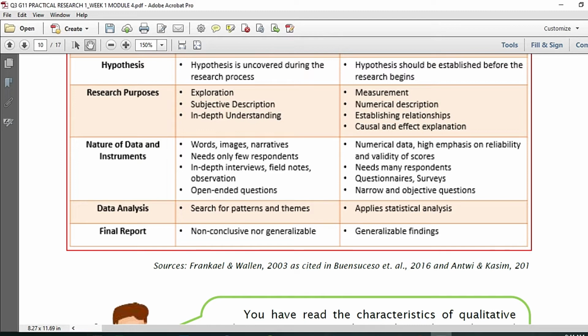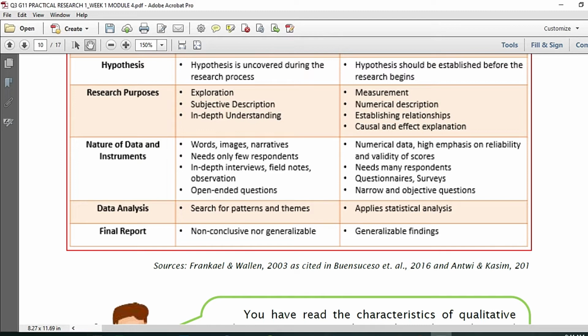While in quantitative research, numerical data, with high emphasis on reliability and validity of scores. So it needs many respondents. Then questionnaires, surveys. Then narrow and objective questions. That's the difference of that RQ.